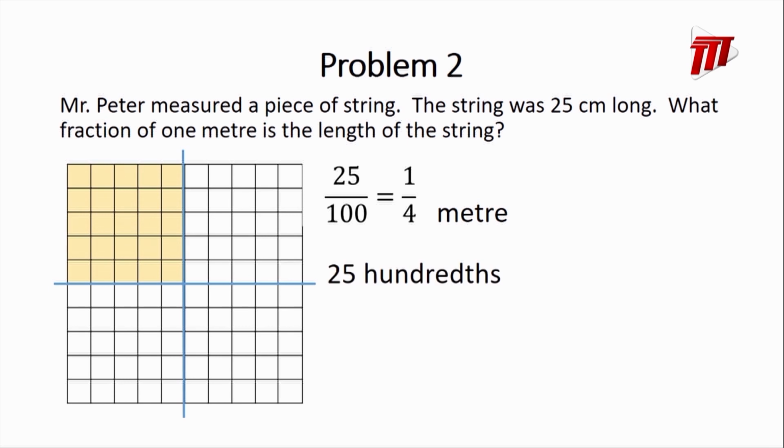So 25 hundredths is the same as 1/4. And 25 hundredths can be written as 0.25, and it can be read as 25 hundredths, or for convenience 0.25. So the length of string that Mr. Peter measured is 1/4 of a meter, or 25 hundredths.